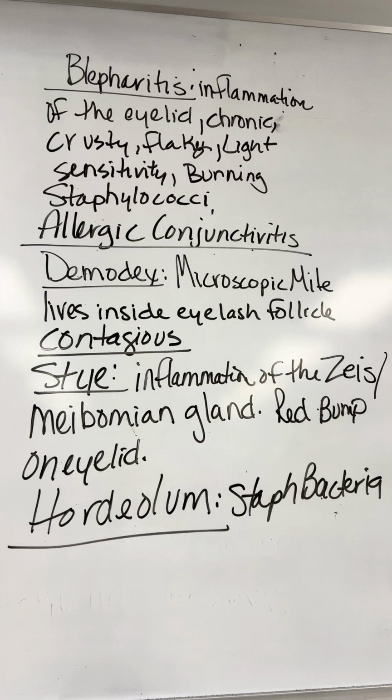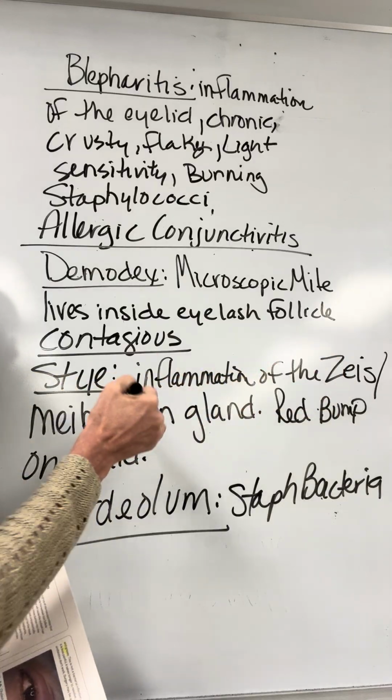I hope so. Caused by a staph bacterial infection. It's either on the inside or the outside of the eyelid. On the inside, it occurs when it is in an oil gland inside of the eye, like a meibomian gland. Remember, these glands are oil glands, sebaceous glands.